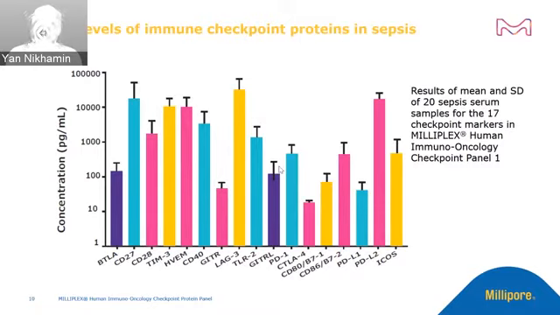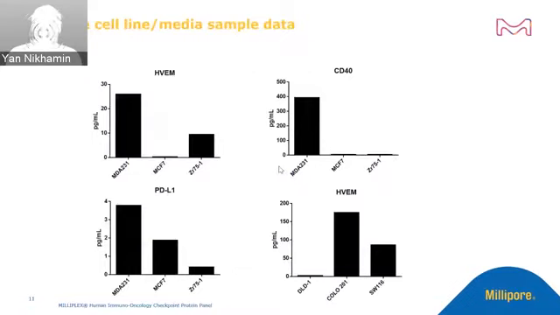So next slide. Well, it also happens that within a given cancer disease, we know that there are different stages for various cancers, of course. So here we took an example of 3 different breast cancer lines and had them in conditioned media and measured the release of these immune checkpoint molecules in the media.